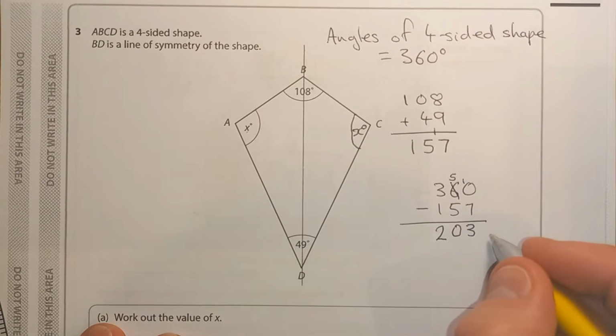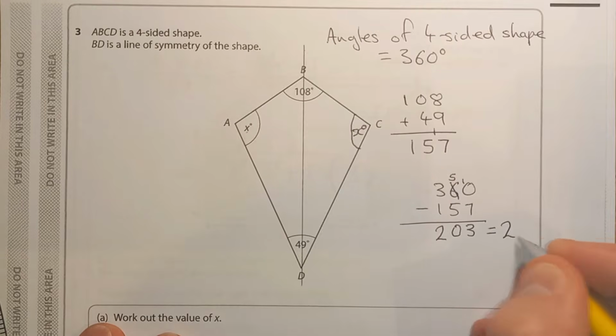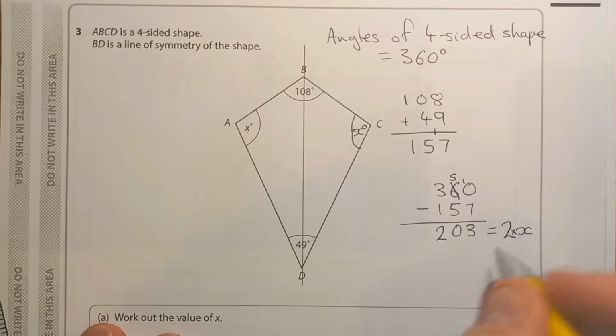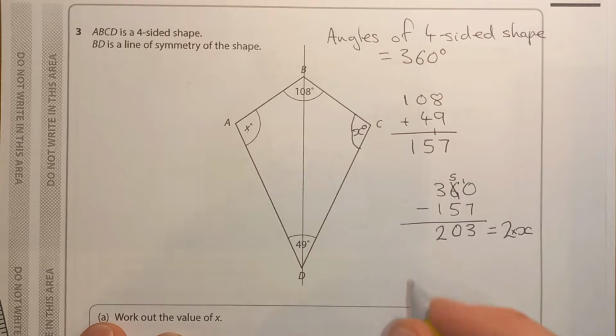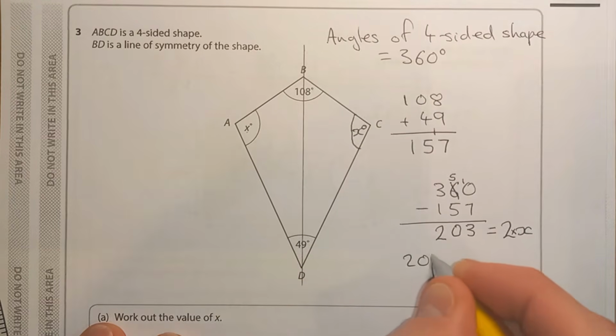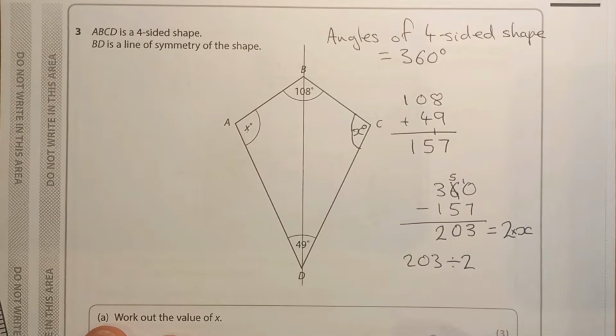So we can use a little bit of algebra: 203 equals 2x, or 2 times x, because we've got 2 of them. So if we want just 1x, we want 203 divided by 2.